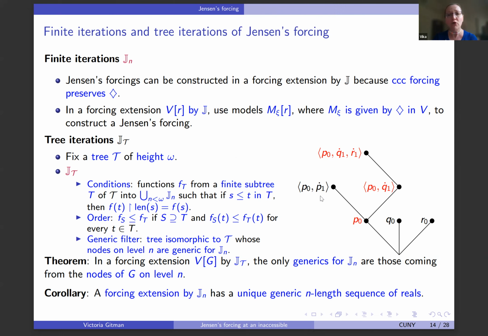And we do it coherently. So if I put a condition on level 3, the conditions below it are just the restrictions of this condition.